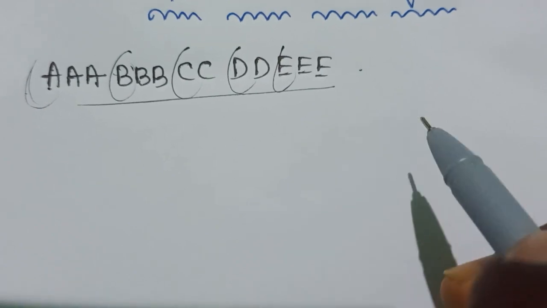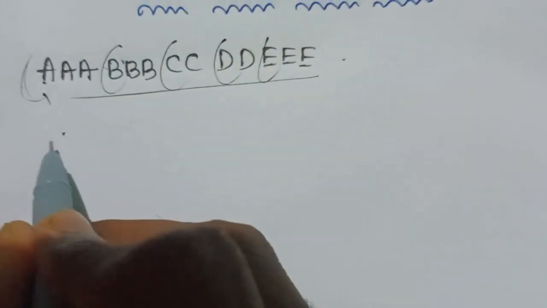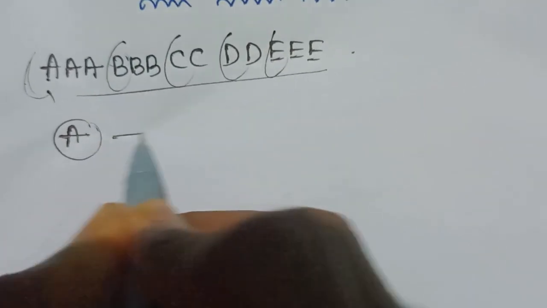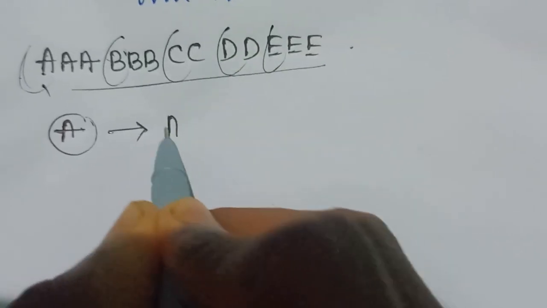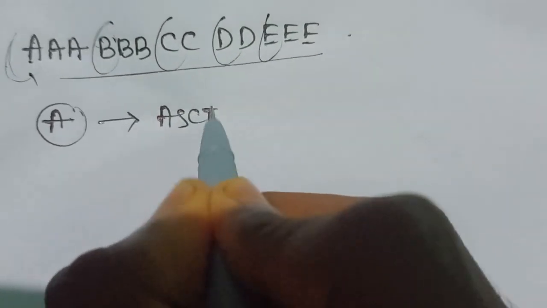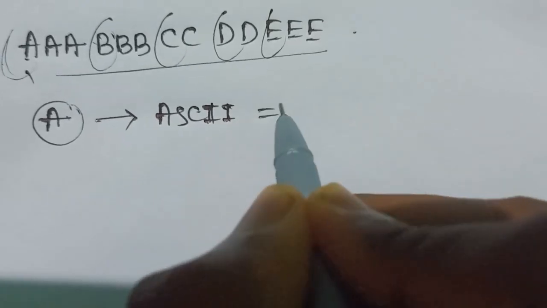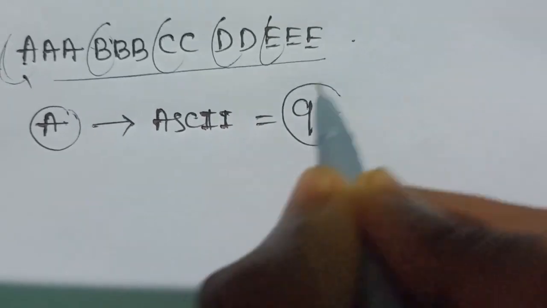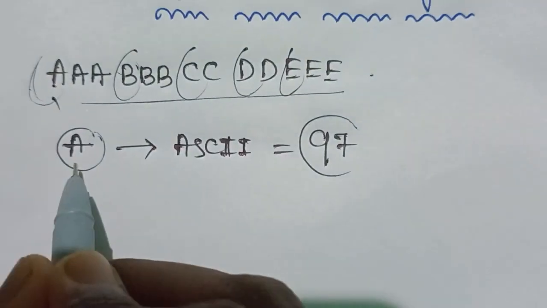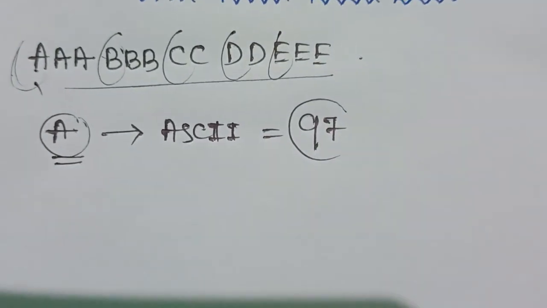So if we talk about A, what is the ASCII value of A? You know that it is 97. Clear? The ASCII value of A is 97.